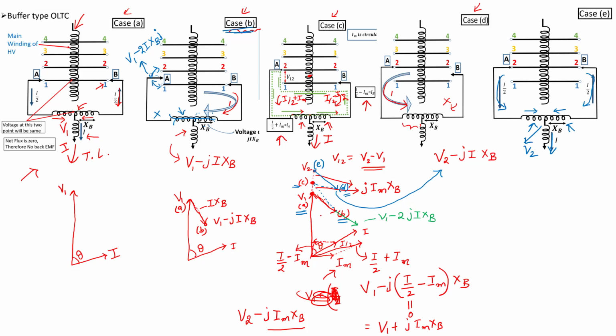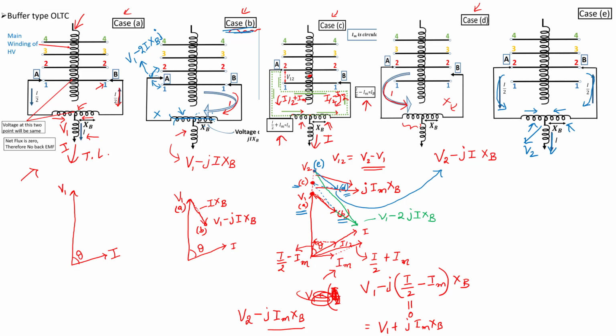Now we are interested to find out what is the voltage difference between node 2 and arm A. So this is the voltage difference between node 2 and arm A. So V2 minus this thing. So this is the voltage difference between V2 and arm A. And what is the voltage difference between V1 and arm A?